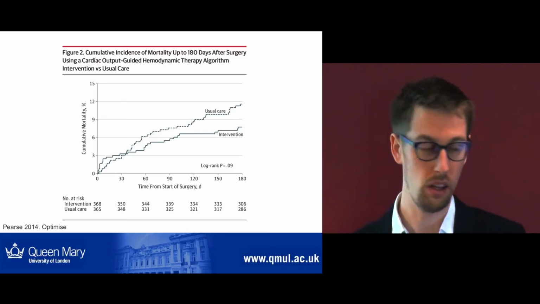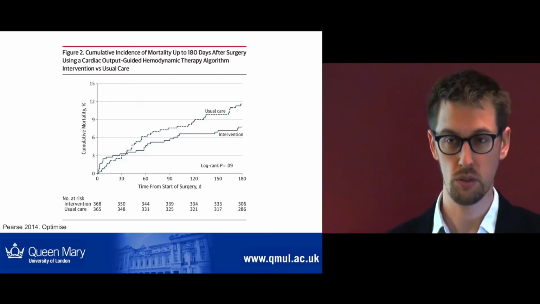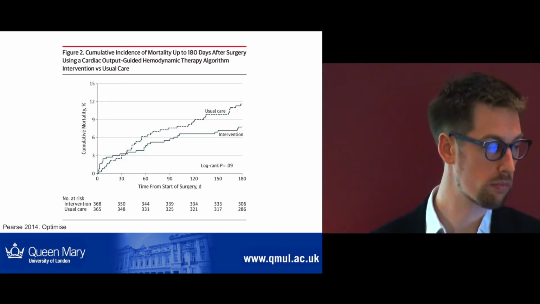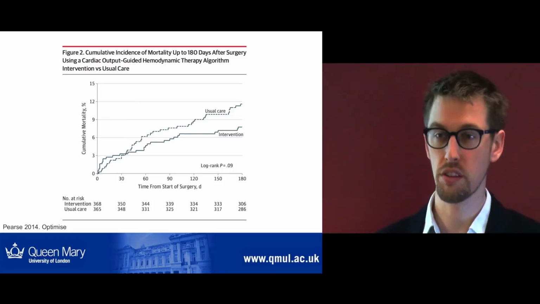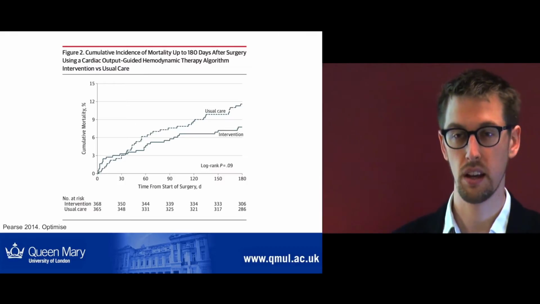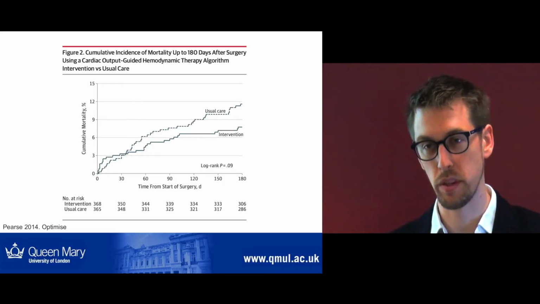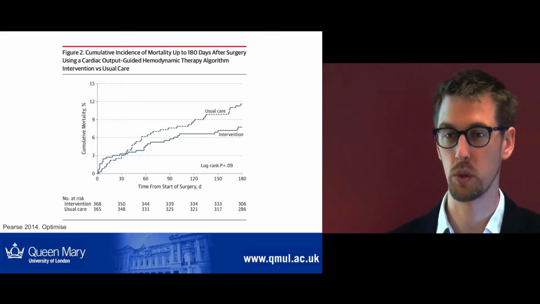This is a survival plot, a Kaplan-Meier plot from that trial, and you can see that at the 30-day point, using the mouse, 30-day point here, there's a convergence between the two groups, intervention and usual care. So measuring that outcome at that point, you can see why there might have been difficulty in determining a difference between those two groups.